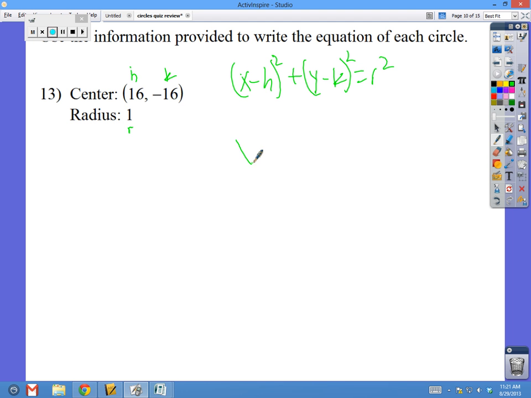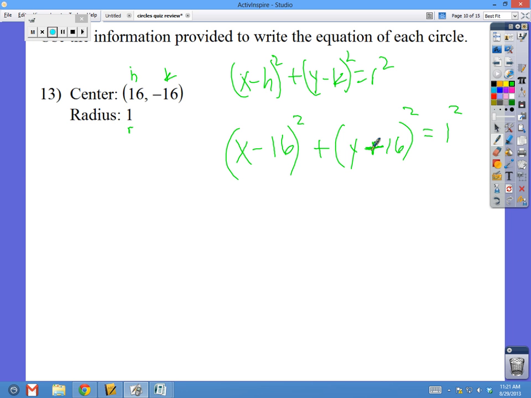So, x minus what? x minus 16 squared plus y minus a negative 16 squared equals 1 squared, which is 1. Now what is this? Minus minus is a plus, right?